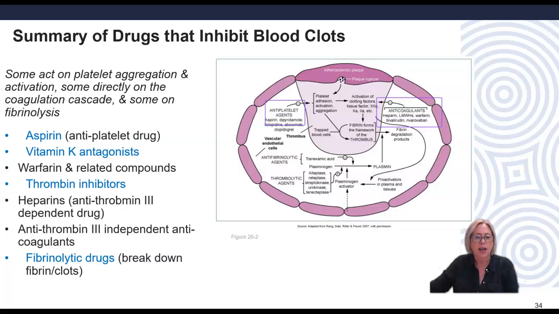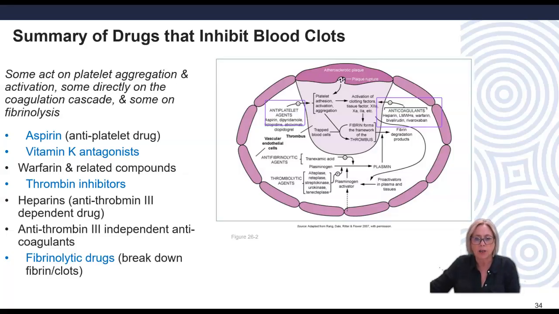And we looked at warfarin and related compounds, being those vitamin K antagonists. And we also looked at the thrombin inhibitors, so those heparin, full length and those low molecular weight heparins, as well. We also looked at those antithrombin 3 independent anticoagulants as well.